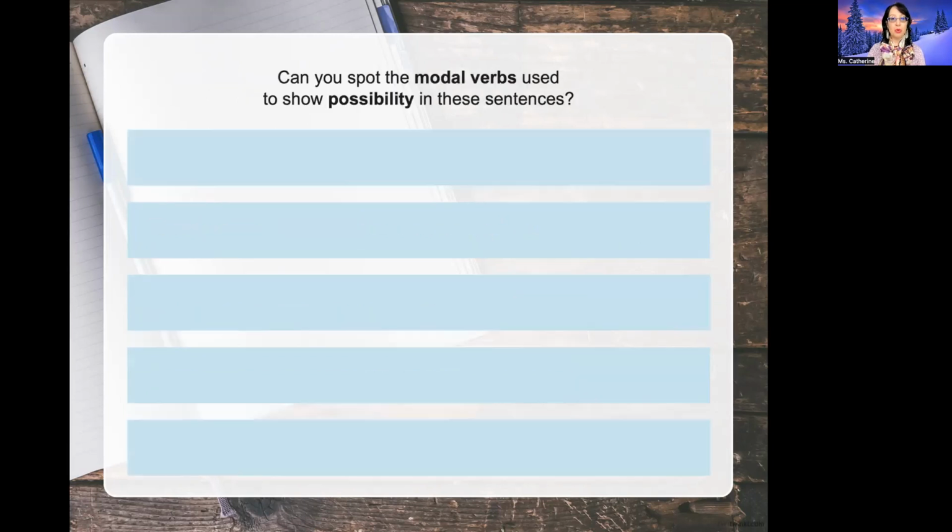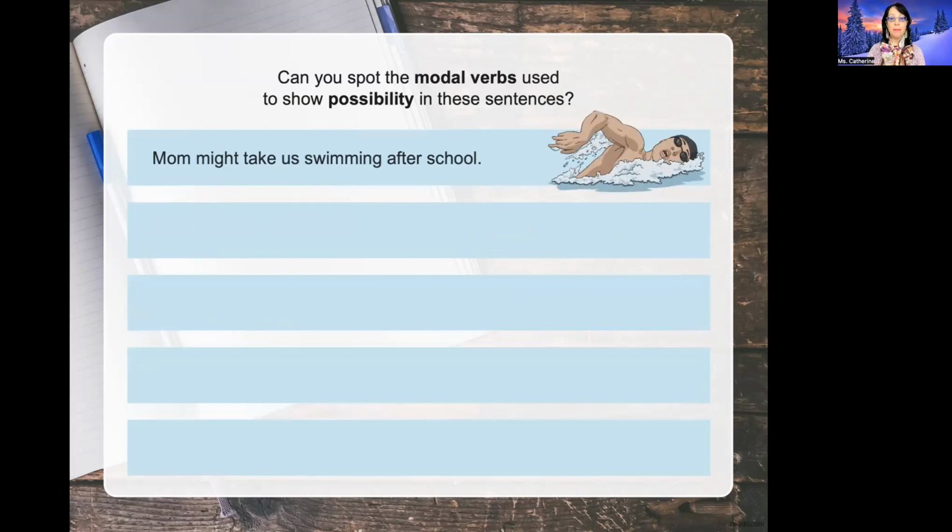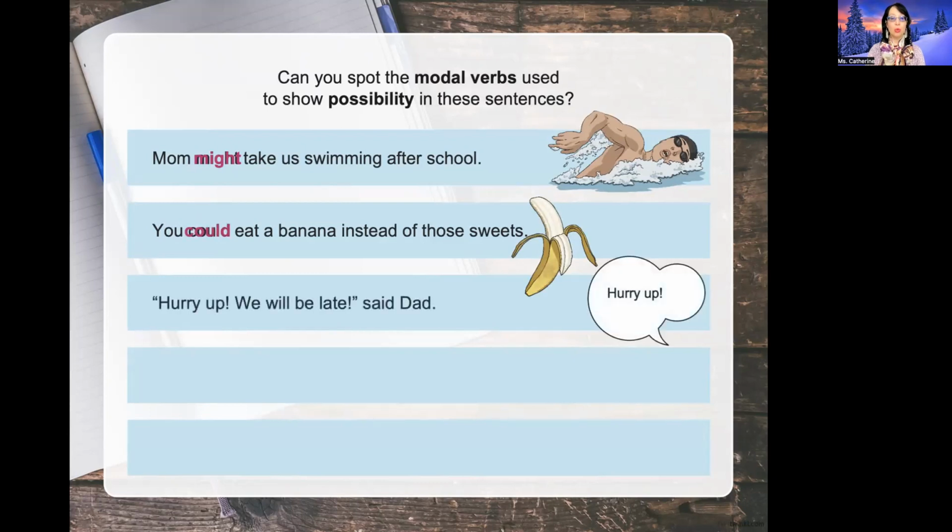Can you spot the modal verbs used to show possibility in these sentences? Mom might take us swimming after school. Might, correct. You could eat a banana instead of those sweets. Can you spot the modal verb here? Could. Hurry up. We will be late, said Dad.